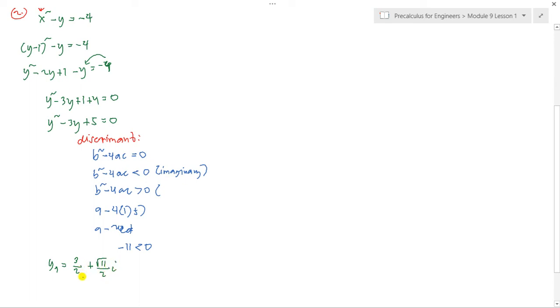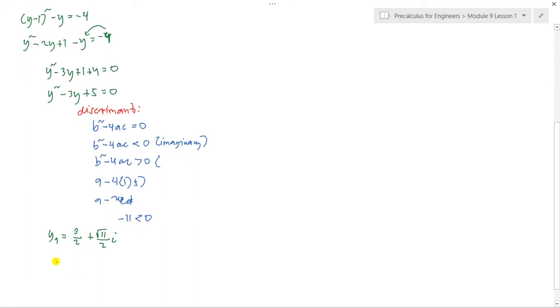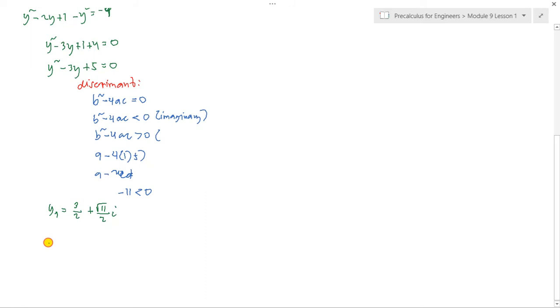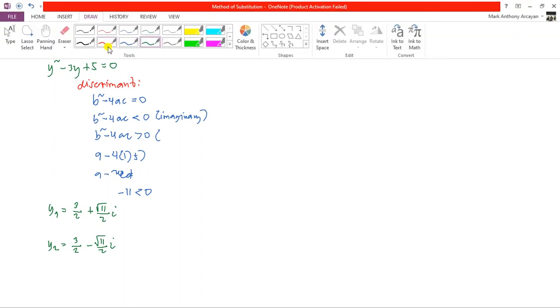So here we have two types of numbers that we see in our answer. And y sub 2 is equals to 3 halves minus square root of 11 over 2 i. Actually these roots only differ with the sign. So what kind of solution did we get? Actually these are complex numbers.